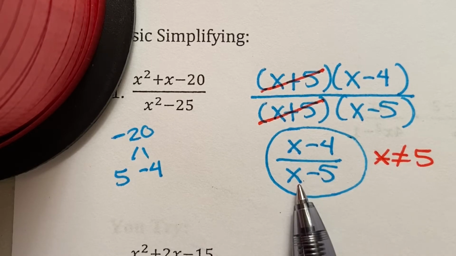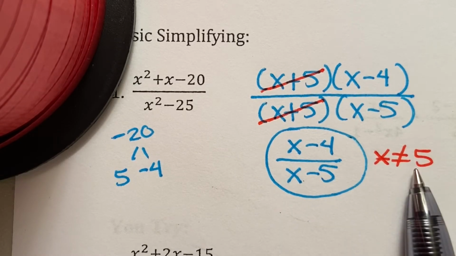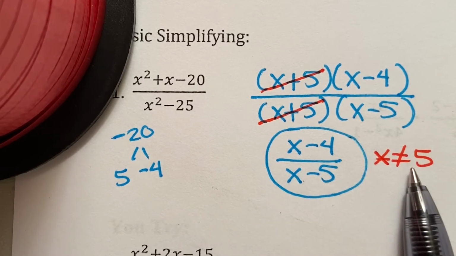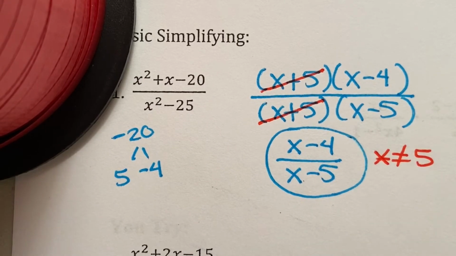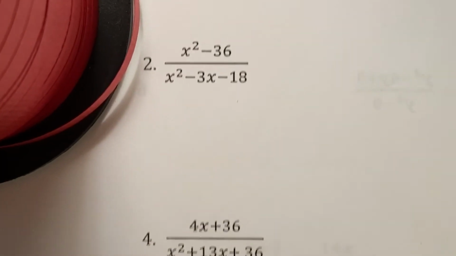And don't forget that you cannot divide by 0. That's considered undefined. So 5 would be considered an extraneous solution. Anything would work here except for 5, because it would give us a 0 in the denominator. All right, so let's take a look at example 2.